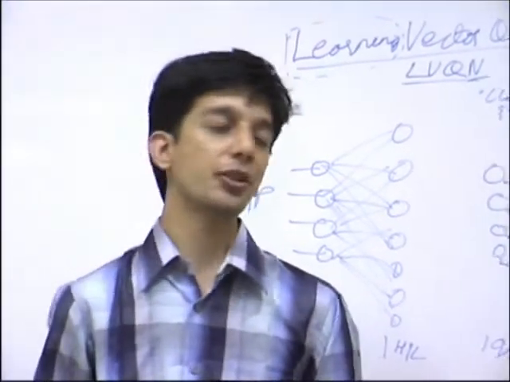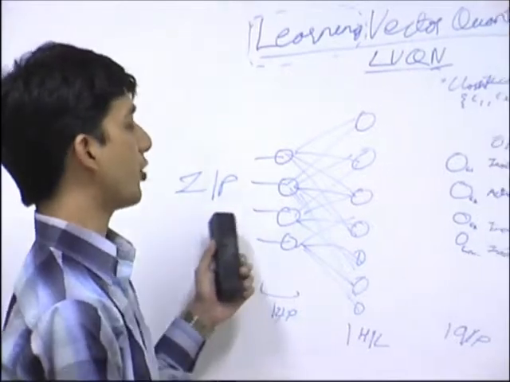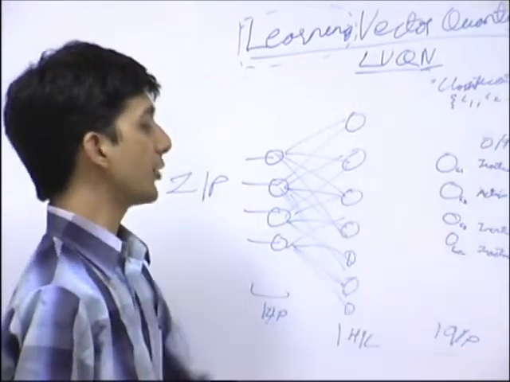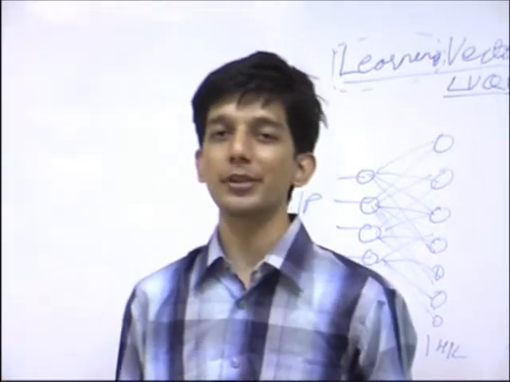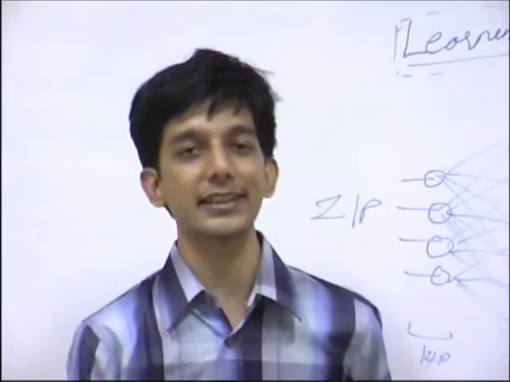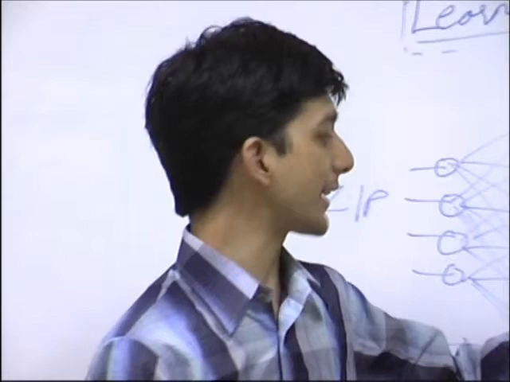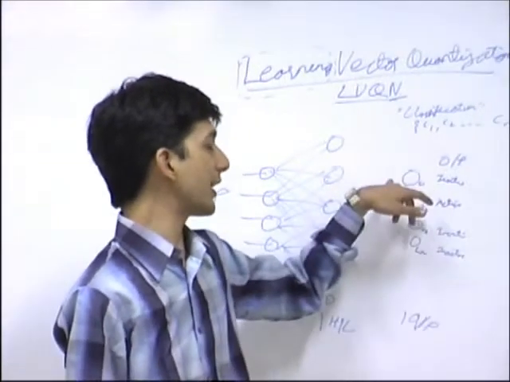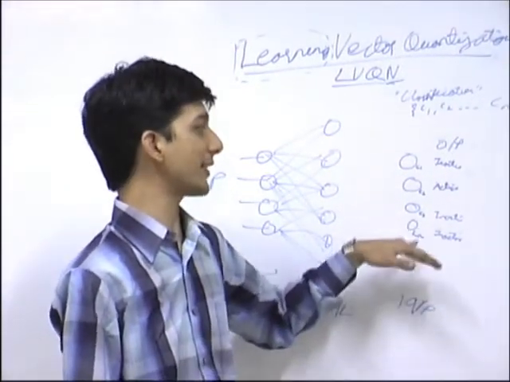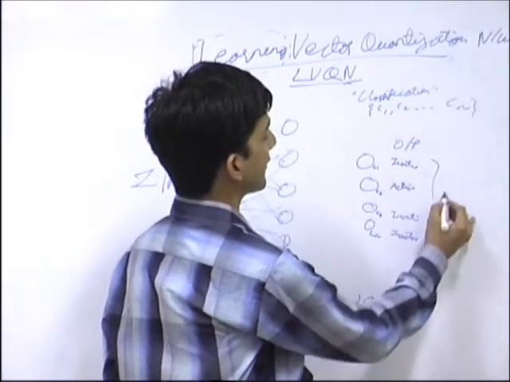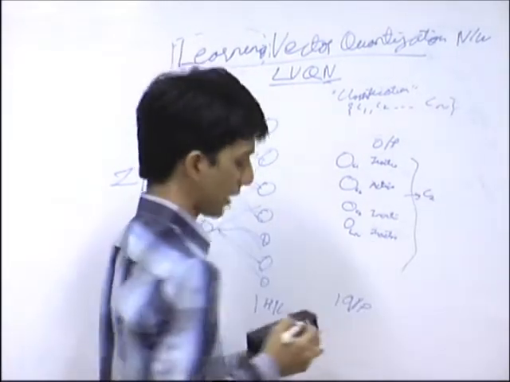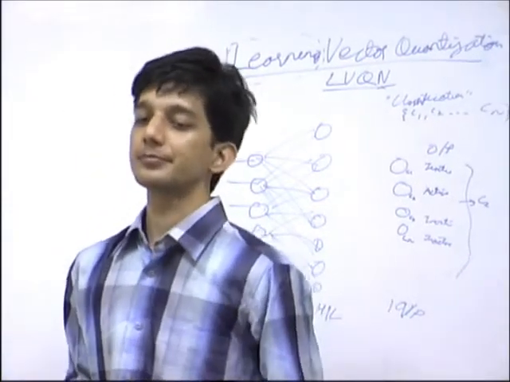So at any point of time, whenever I apply any form of input, only one of these neurons will get excited, only one of these neurons will get activated, whereas all the other neurons will be in an inactive state, and whichever neuron gets activated, I will return the output of that class.